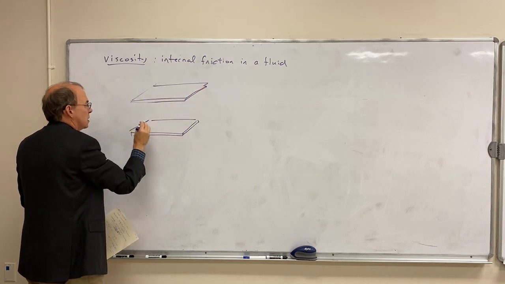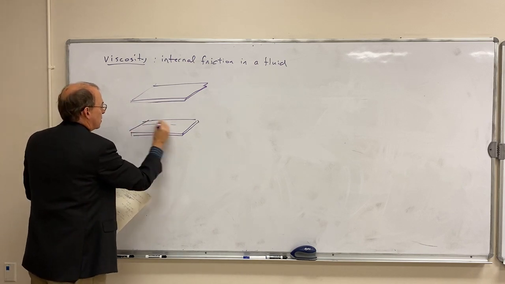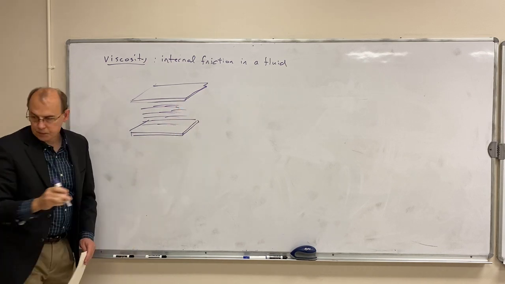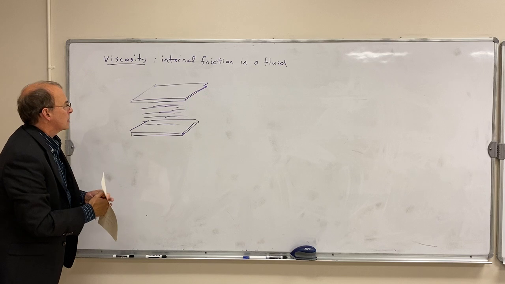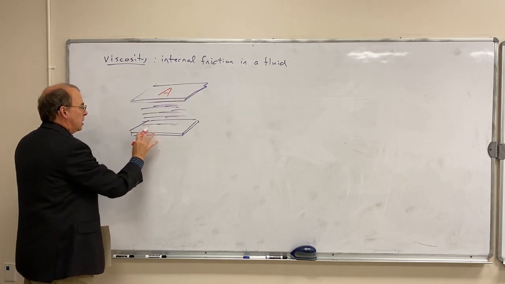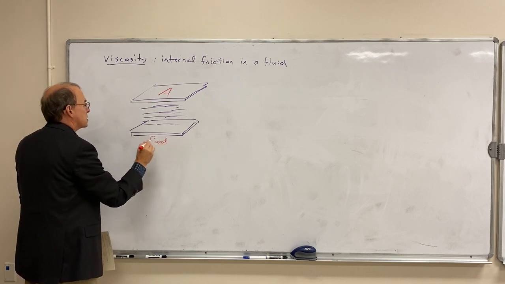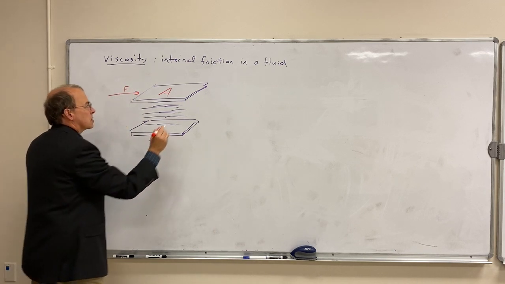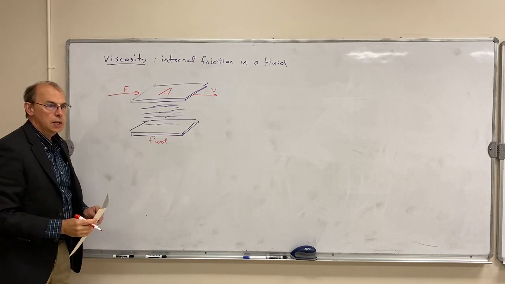And between the plates, we have a fluid. This upper plate has area A. This lower plate is just fixed in space. And we push on the upper plate with some force so that it moves with some constant velocity, v.